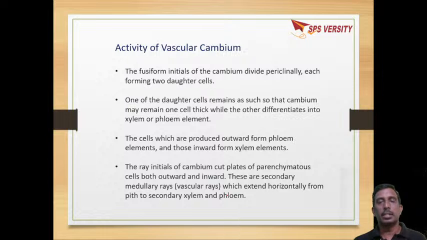Vascular cambium activity depends on seasons. Activity means it will divide. That is, fusiform cells of cambium will divide periclinally, forming two cells.